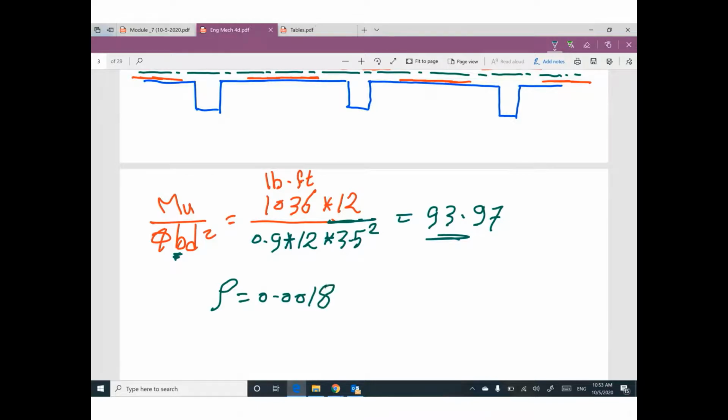This value equals area steel divided by B times D. So area steel, your B is 12, 1 unit width, D is 3.5 inch, so I can figure out the value of area steel.